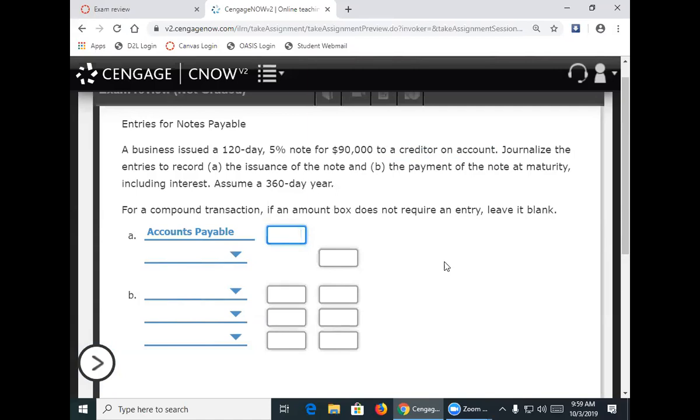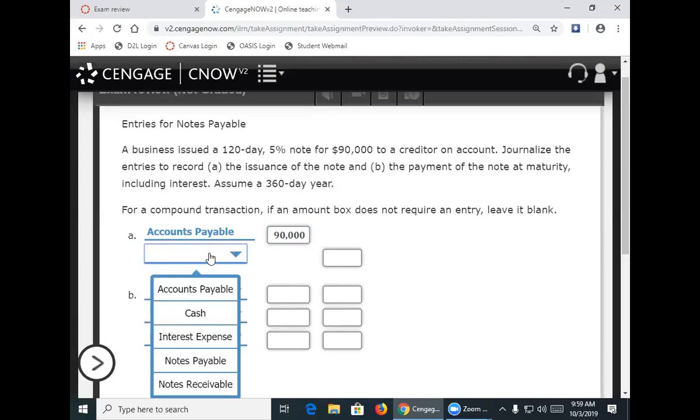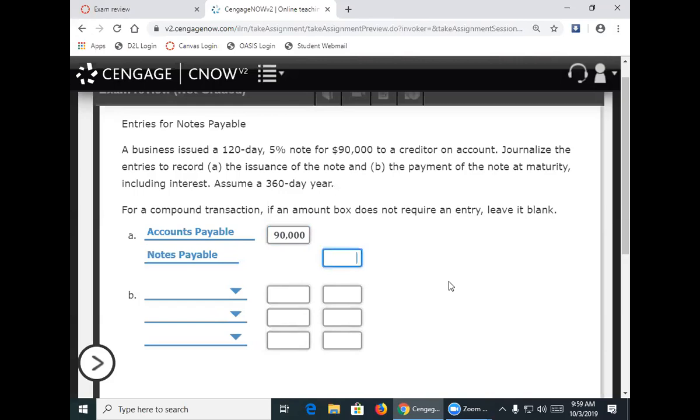The 90,000. Good. And what am I crediting? Notes payable. Very good. So when we issue a note, in this case it was on account, so debit accounts payable and credit notes payable for the face amount, the principal 90,000.